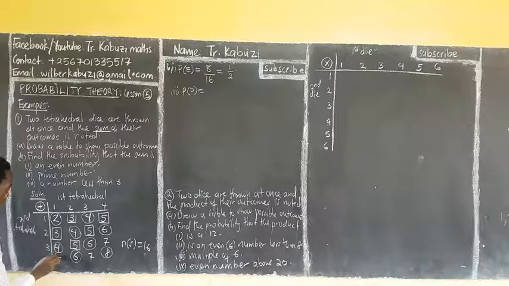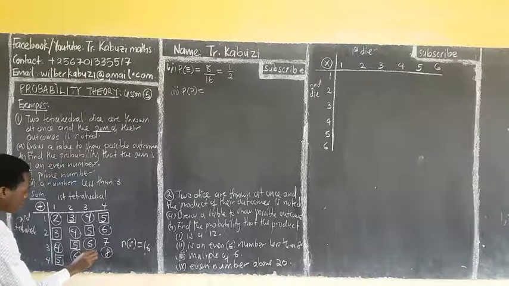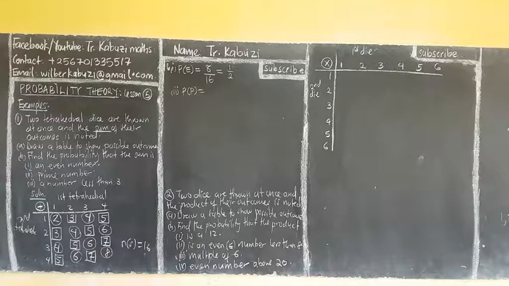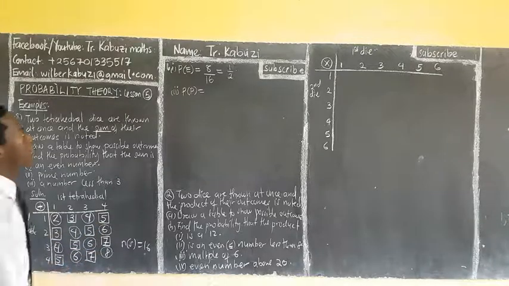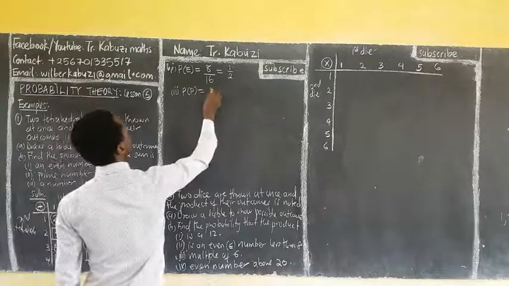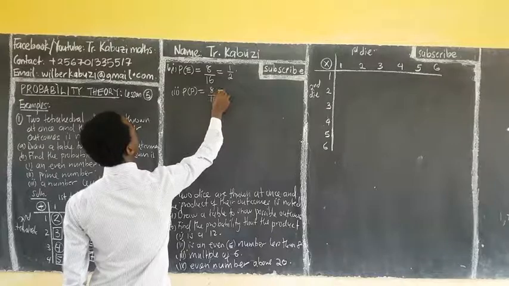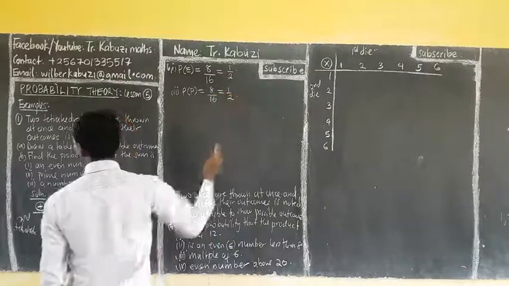Prime. Prime. I think those are the prime numbers we have. So there, 1, 2, 3, 4, 5, 6, 7, 8. So they are also 8 over 16, the total, which is also going to give you a half.